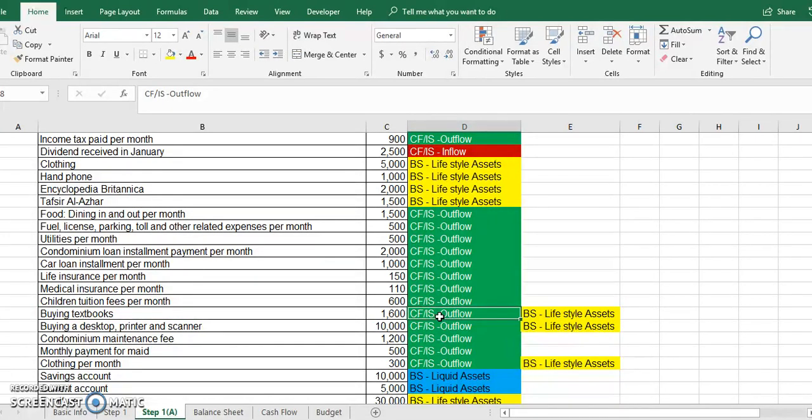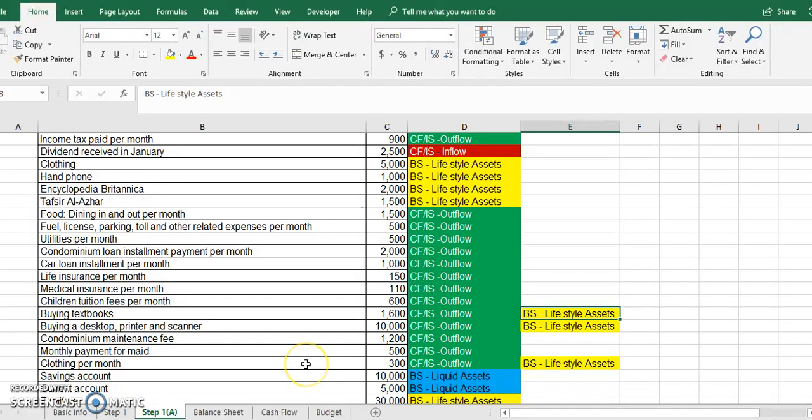You have to record it as a cash outflow, and then it will increase the value of the assets that you have. In other words, we have more collections of books, which are considered as assets. In short, in this kind of thing, it will hit both the balance sheet as well as the cash flow.